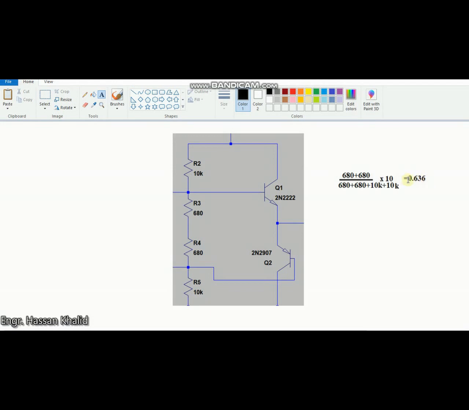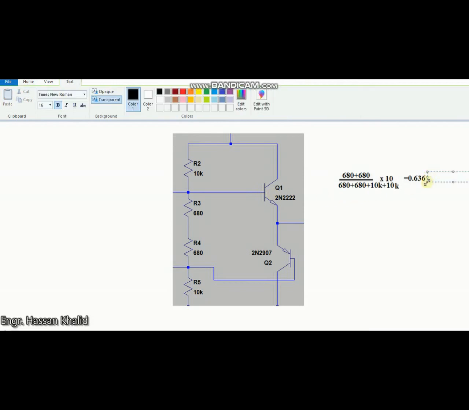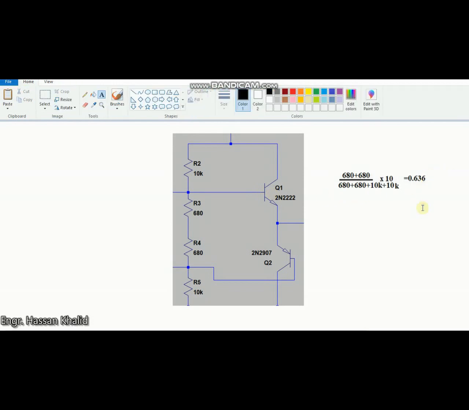The 0.636 volt was the overall divided voltage in this region, and for one transistor we have to divide it by 2. If we divide it by 2, we actually get 0.313 volt.